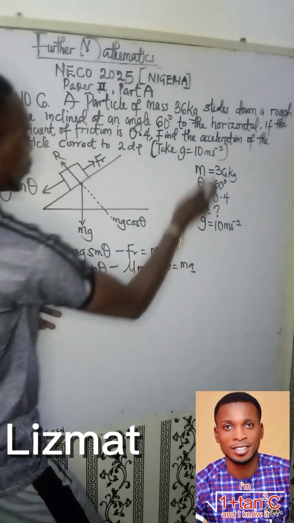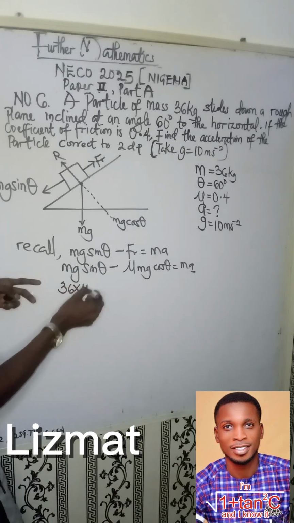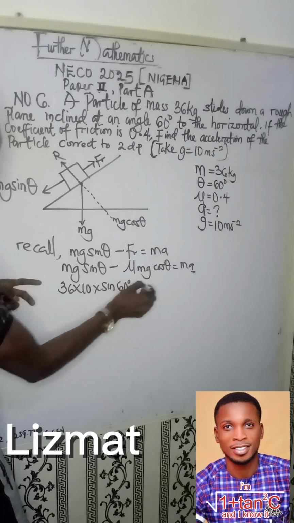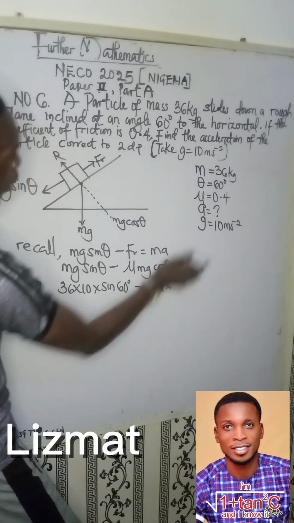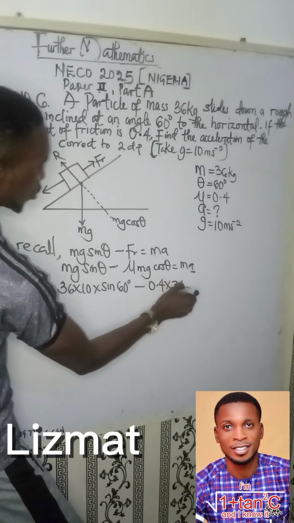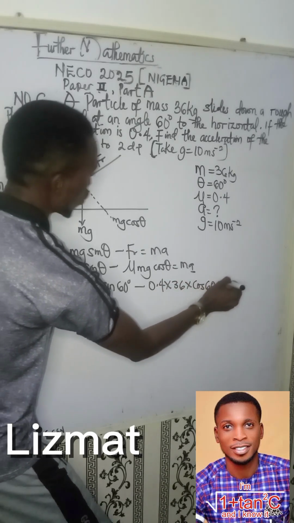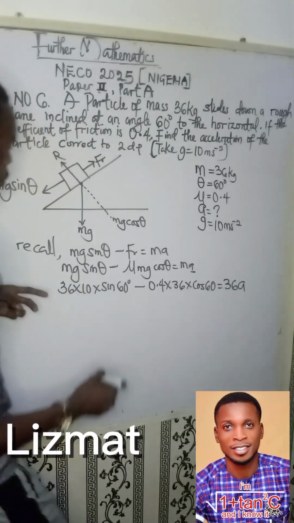So without wasting time, let's plug in our parameters. We have 36 multiplied by 10 multiplied by sin 60 degrees, minus the coefficient of friction 0.4 multiplied by the mass 36 multiplied by cos 60 degrees, equals mass 36 times acceleration.